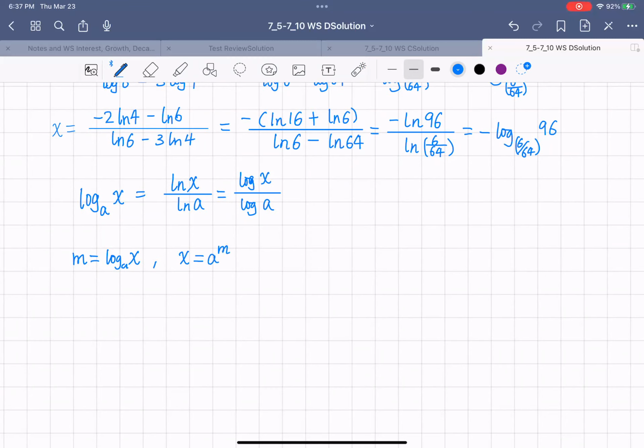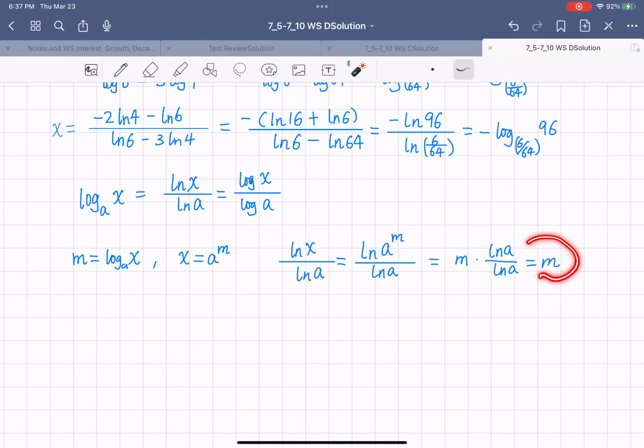And then if you have ln of x over ln of a, you can put ln of a to the power of m over ln of a. Based on the property, you put this m in front. This is m times ln a over ln a, which is m.